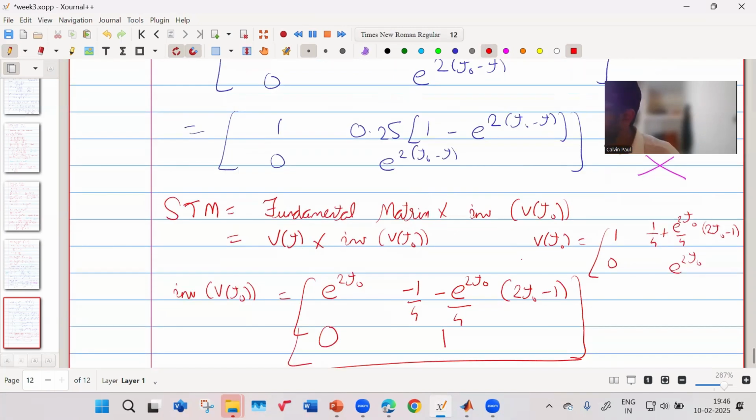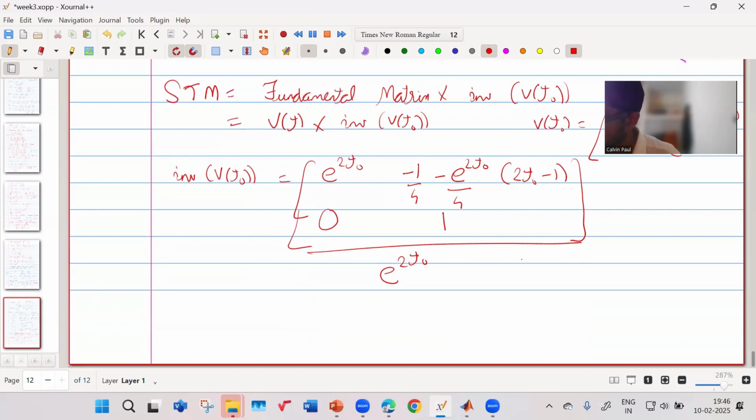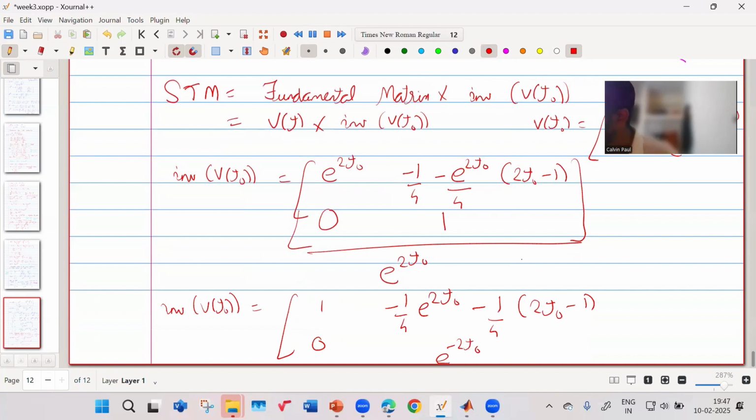And this 0 into this, so it becomes 0. So your inverse of v of t0 actually is equal to 1, 0, minus 1 by 4 e to the power minus 2t0 minus 1 by 4 into (2t0 minus 1), and here e to the power minus 2t0.